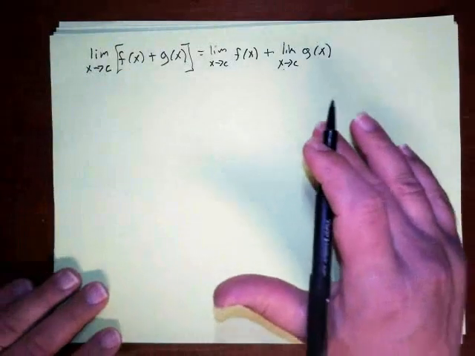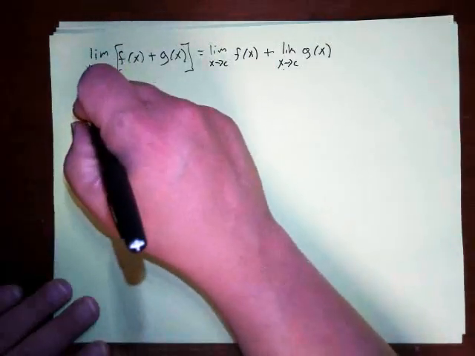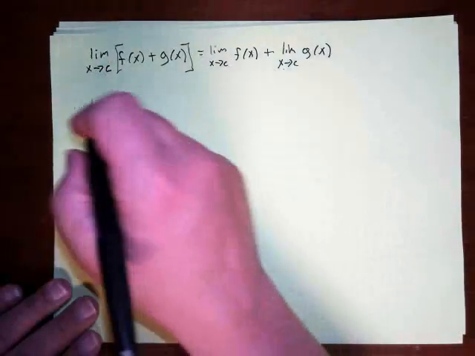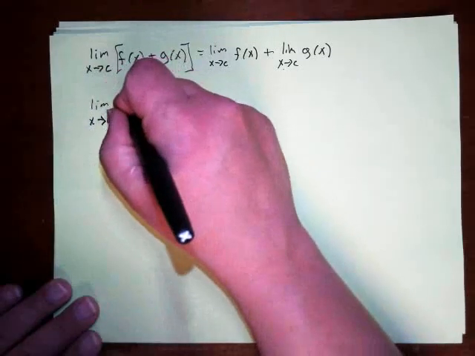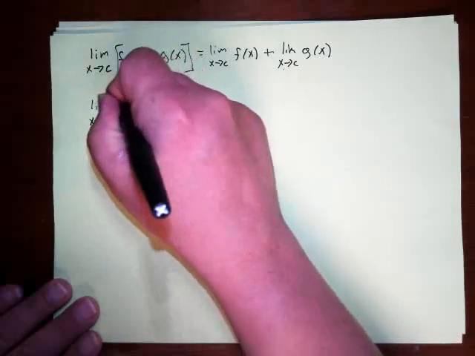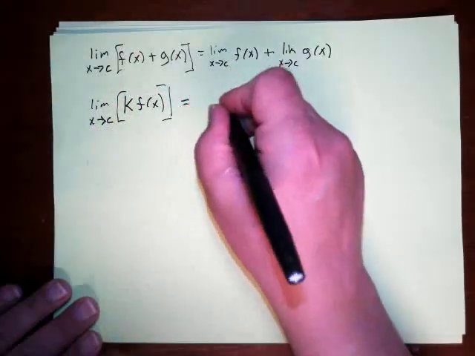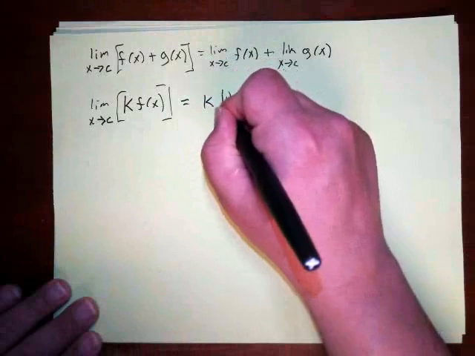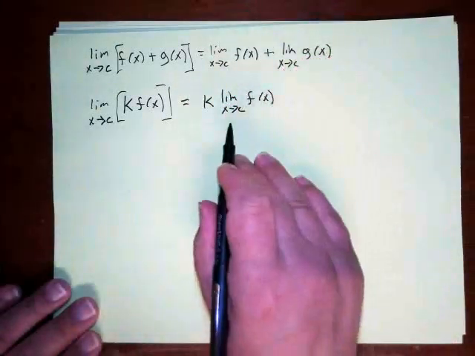So this is believable, and this is like the limit of a sum. The other one is the limit of a constant multiple. If I have the limit of some constant times f of x, then I can pull this constant out and just take the limit as x approaches c of f of x.